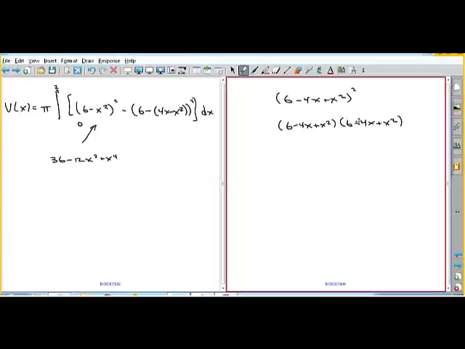So one way would be just to take this number times each one of those, this times each one of those, and this times each one of those, and then you'd have 9 terms, and then you'd combine the like terms and simplify.